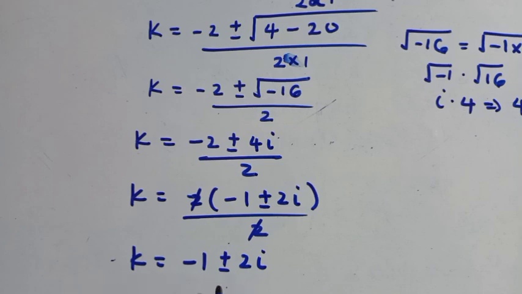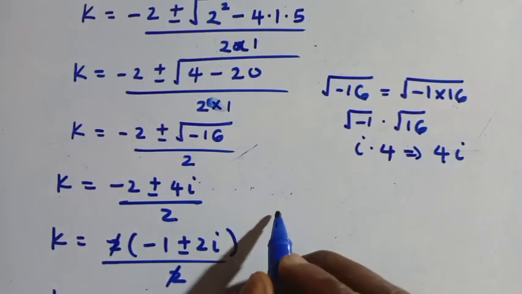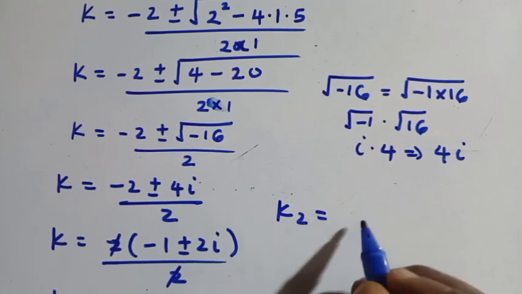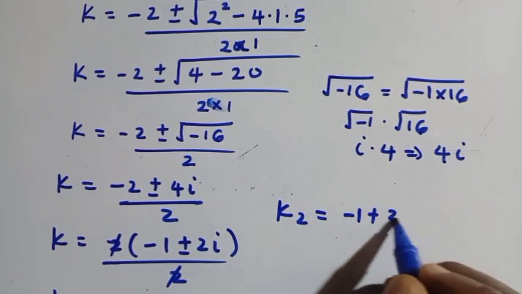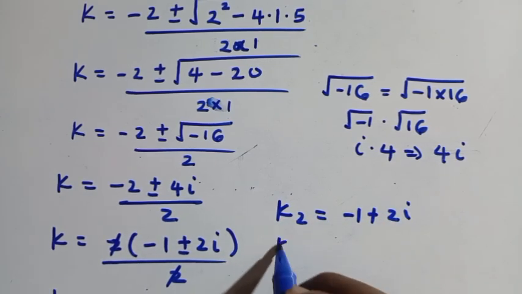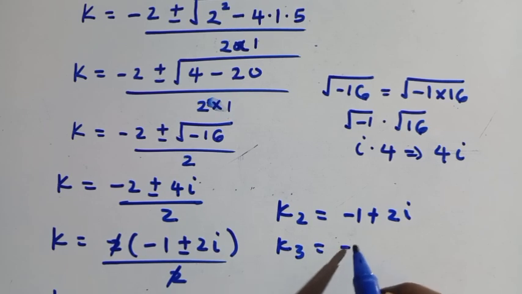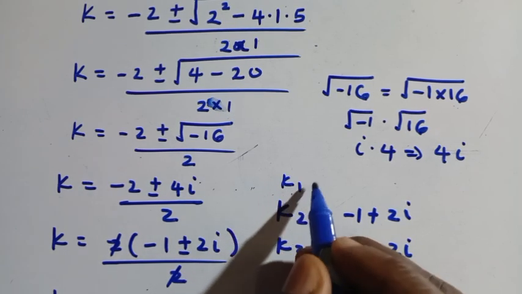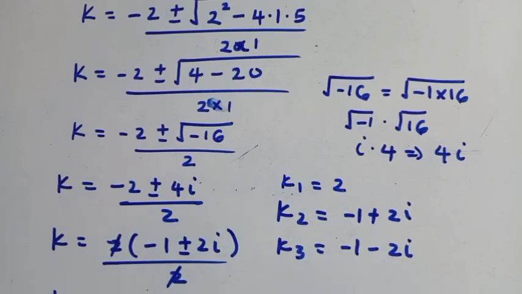So we get two solutions here as well, which we consider as k2 equals minus 1 plus 2i, and we have k3, which is minus 1 minus 2i. Then our k1 is equal to 2.